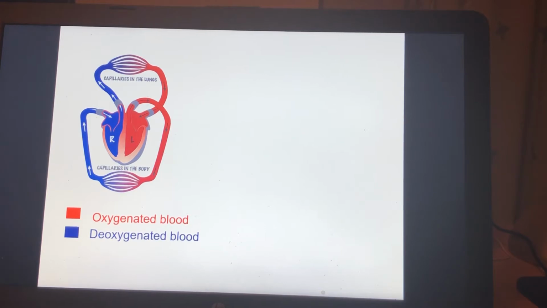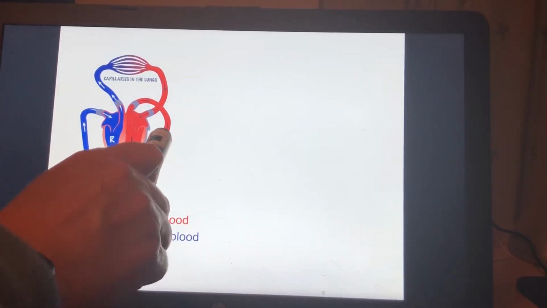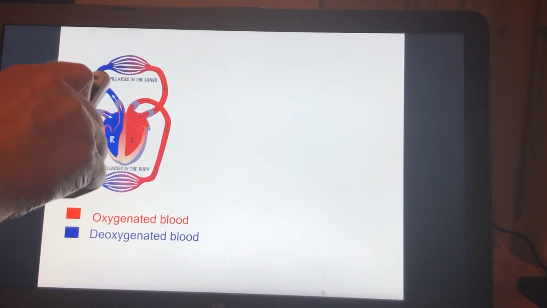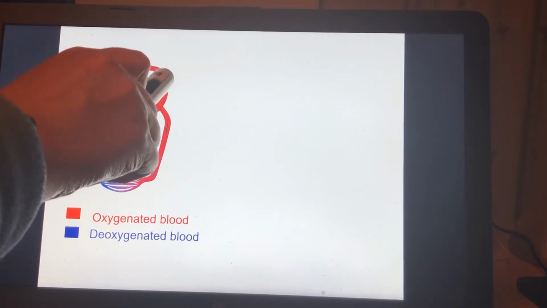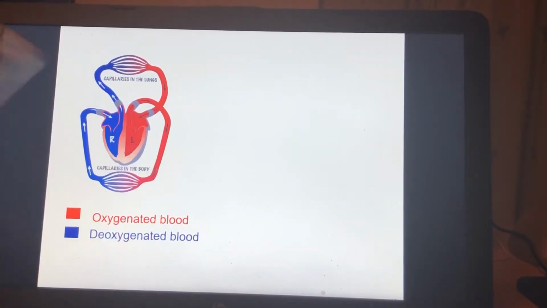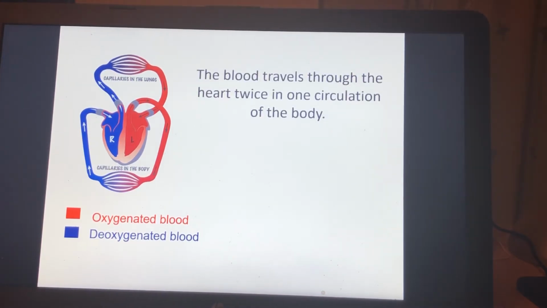And if you were to follow a blood cell as it did one complete circuit of your body, say it started off here, so go down there into your heart once, up to the lungs, it gets oxygenated, into the heart a second time before it gets back to where it started. So we say blood travels through the heart twice in one circulation of the body, and that's the case for all mammals. All mammals have what we call a double circulatory system.